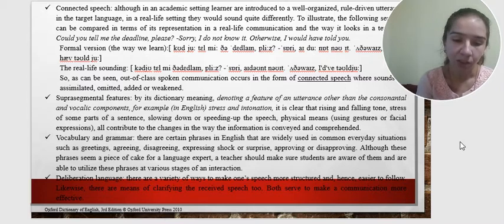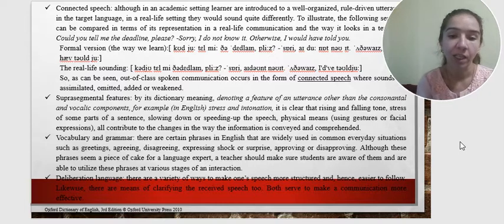Next, deliberation language. This means there are a variety of ways to make one's speech more structured and hence easier to follow. Likewise, there are means of clarifying the received speech too. Both serve to make communication more effective.